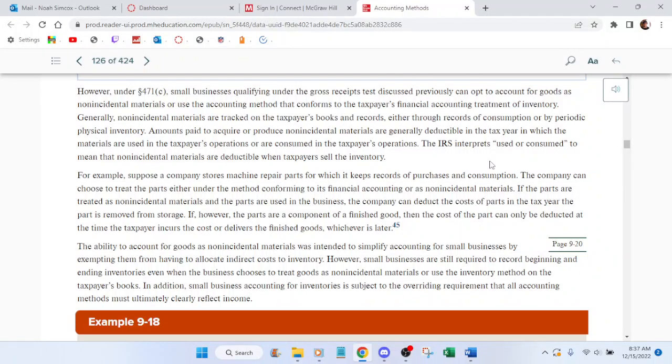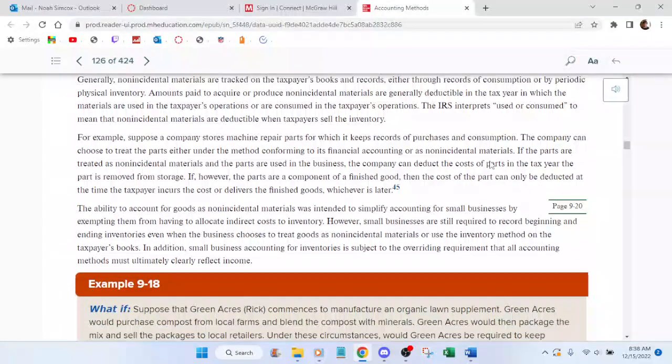However, small businesses are still required to record beginning and ending inventories, even when the business chooses to treat goods as non-incidental materials or use the inventory method on the taxpayer's books. In addition, small business accounting for inventories is subject to the overriding requirement that all accounting methods must ultimately clearly reflect income.